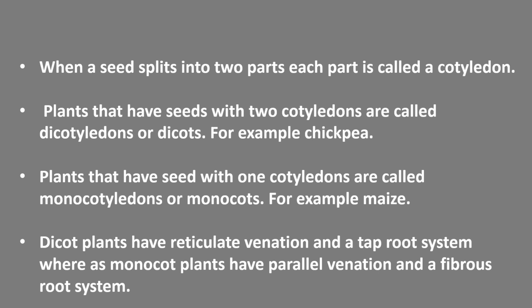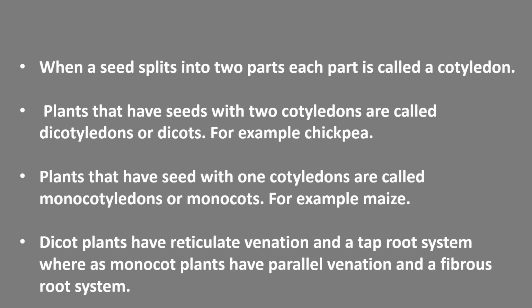So this has already been explained: plants that have seeds with two cotyledons are called dicotyledon, and plants that have seeds with one cotyledon are called monocotyledon. Mono means one, di means two. Dicot plants have reticulate venation and a taproot system, whereas monocot plants have parallel venation and fibrous root system.